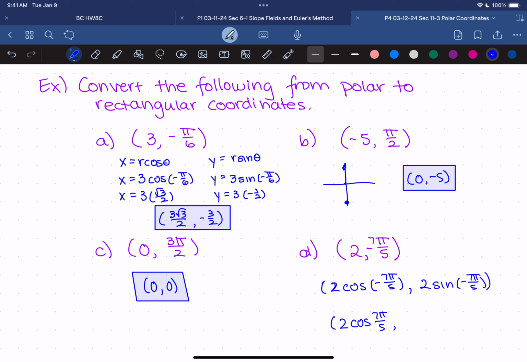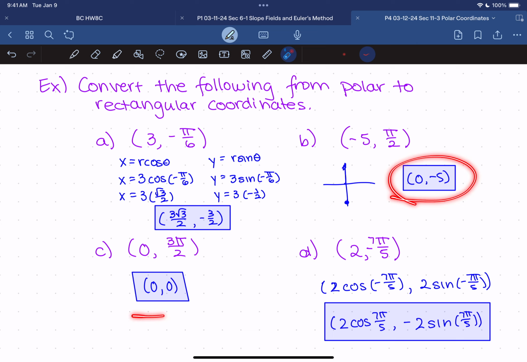Sine is an odd function, so sine of a negative angle is negative sine of the positive angle. So I can write it like this, make it a little nicer, or just type it in on the calculator and see what the answer is. So that's converting polar to rectangular, a lot more straightforward because you just use r cosine theta, r sine theta. You can speed things up a little bit if you have some easy angles to work with.